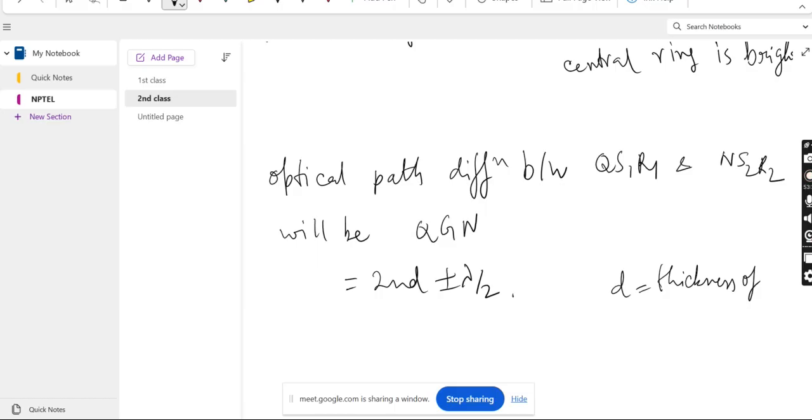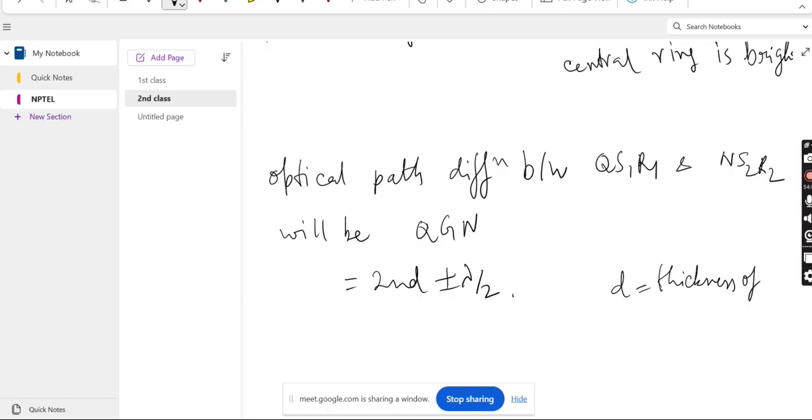The students who have already completed bachelor's will find this somewhat repetitive, since most of you have gone through the Newton ring phenomenon in your bachelor's, but people from different backgrounds can take this course, so that's why I'm discussing this in detail.